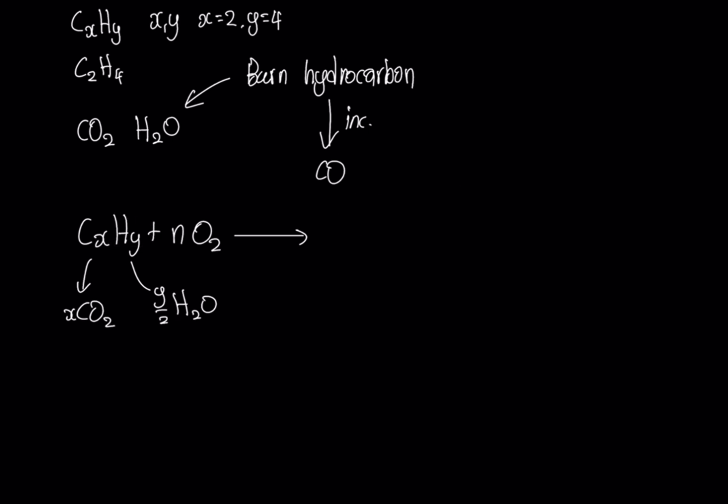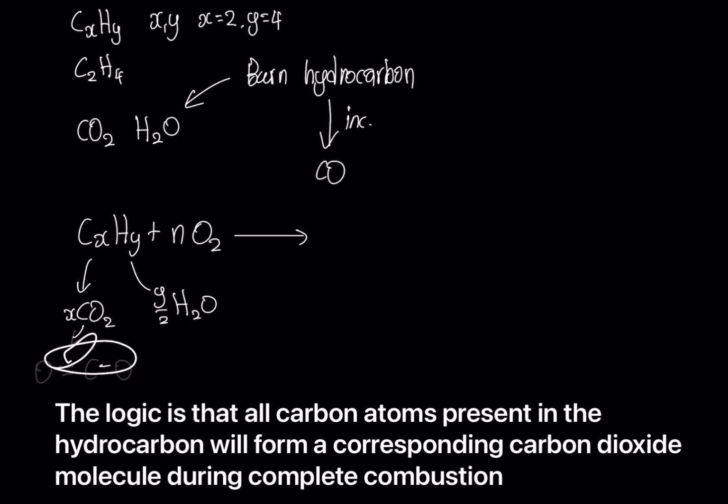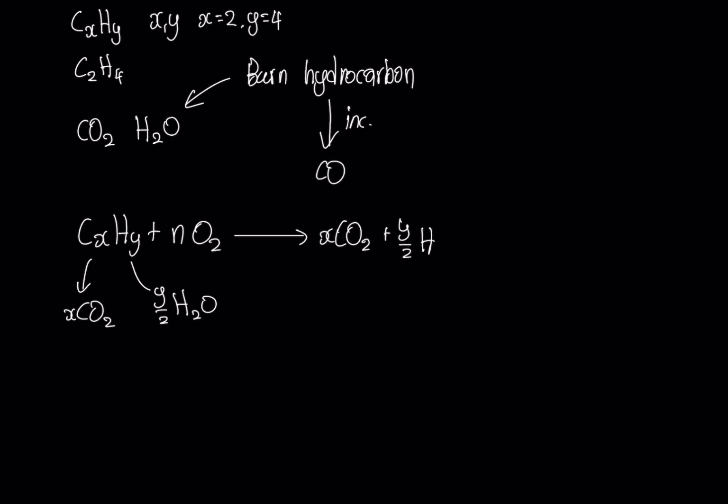If you remember, your carbon dioxide molecule looks like this. So if I want to trap all of these carbon atoms in this molecule, I'm going to need to use all of them, meaning x, because 1 per molecule. So then what happens is, we'll figure out n first, but I have x CO2 plus y over 2 H2O.